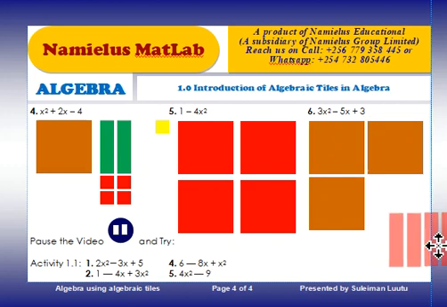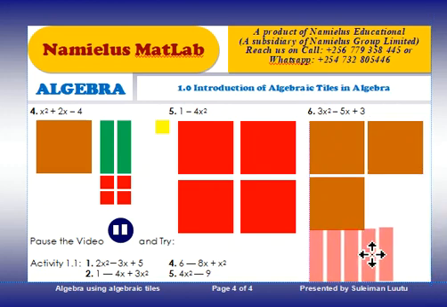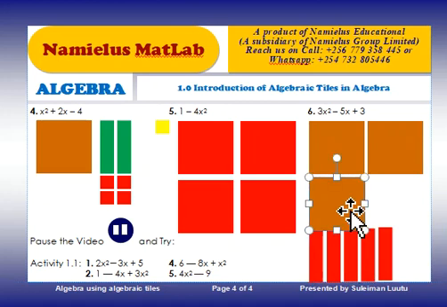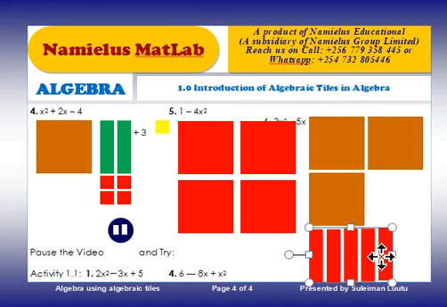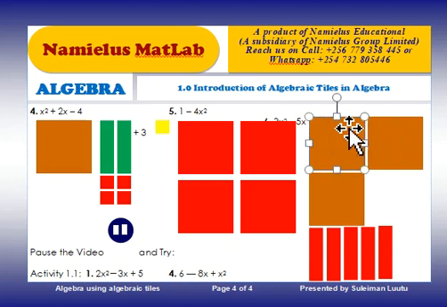We get 5, but then they are negative, so we put them there, minus 5. They are negative, as we can see.